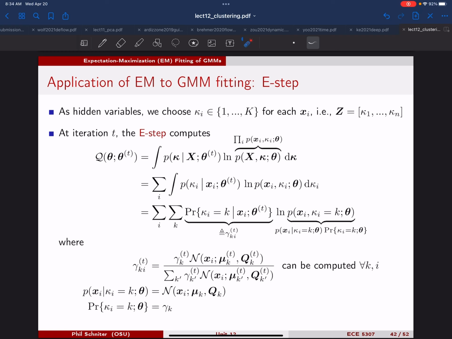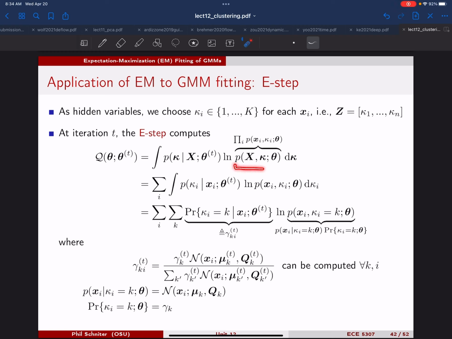The first thing is we have this density of all our n vectors xi and all our n kappas ki. But as always, we assume that the different samples in our data set are statistically independent.